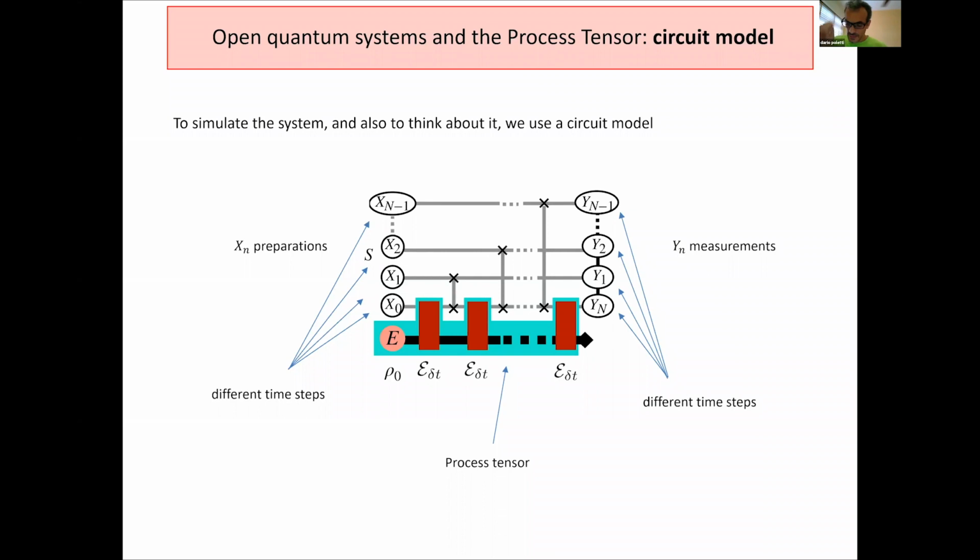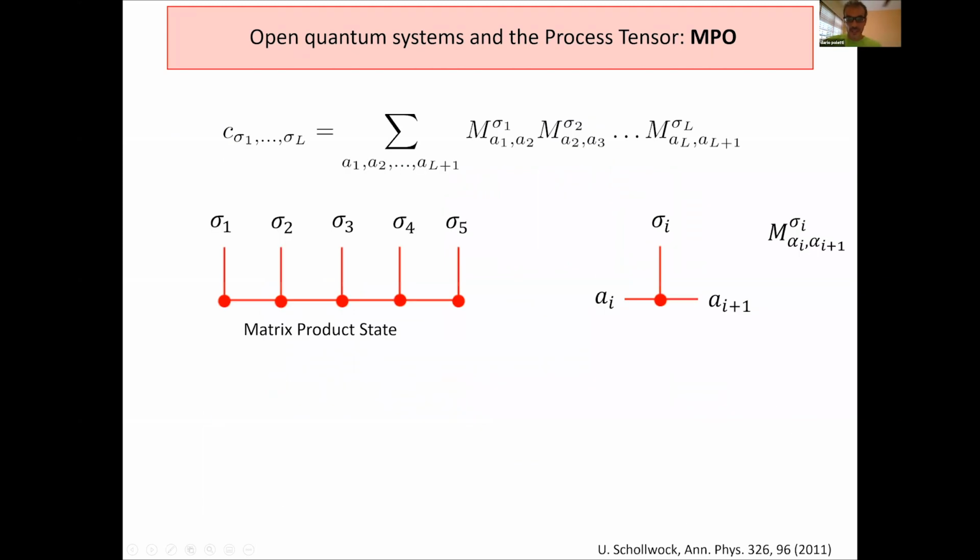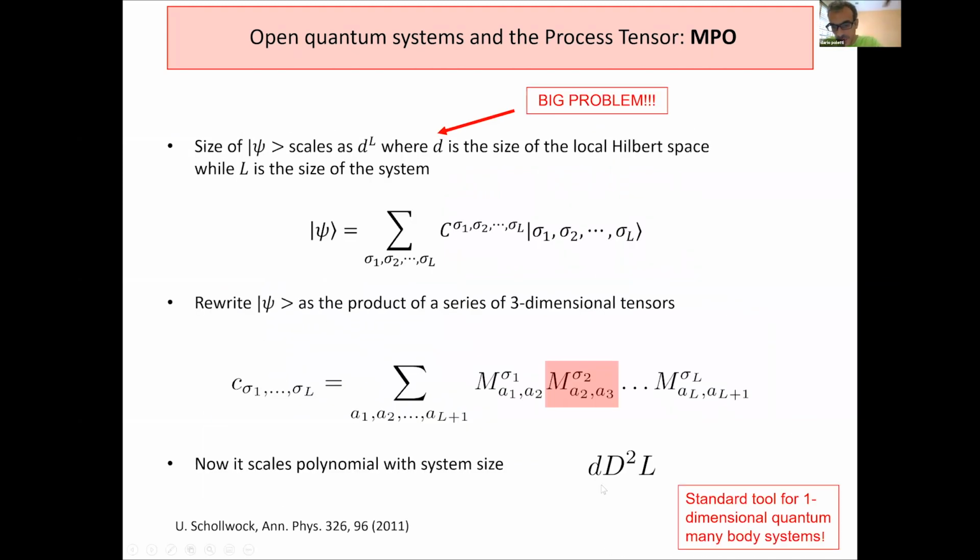But the point is that, of course, you cannot represent an exponentially large number of coefficients. The number of coefficients at the end of the day is d times d squared times L. So this is how much you can play with. But the nice step is in the minimization procedure.